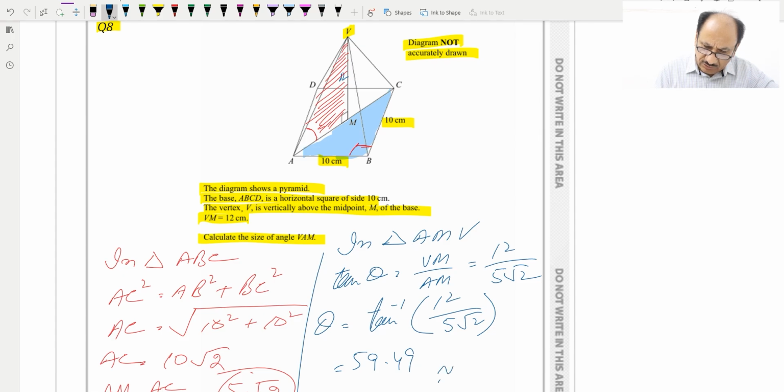So approximately we can give the answer as 59.5, up to 3 significant figures or up to 1 decimal place.